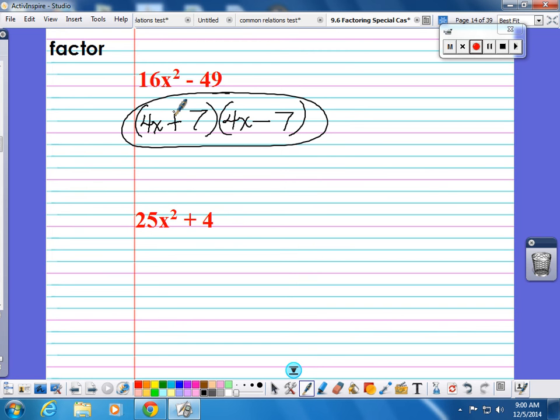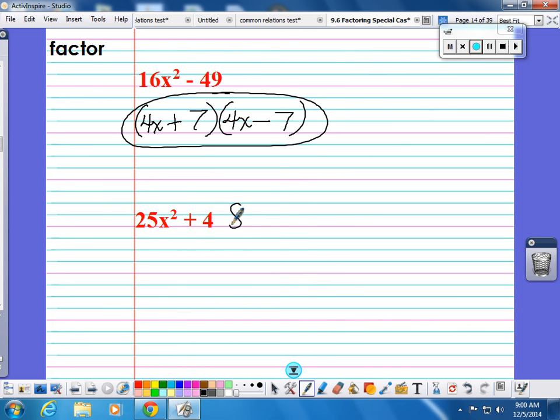Alright, does this problem have a greatest common factor? No. Do I use grouping? Is this a perfect square trinomial? Is this the difference of two squares? No. It's the sum of two squares, isn't it? Okay.